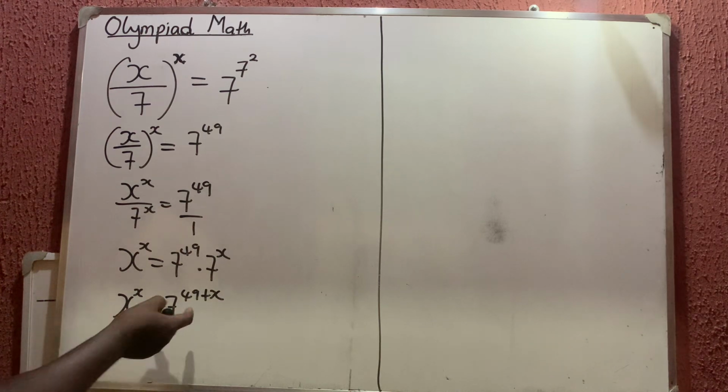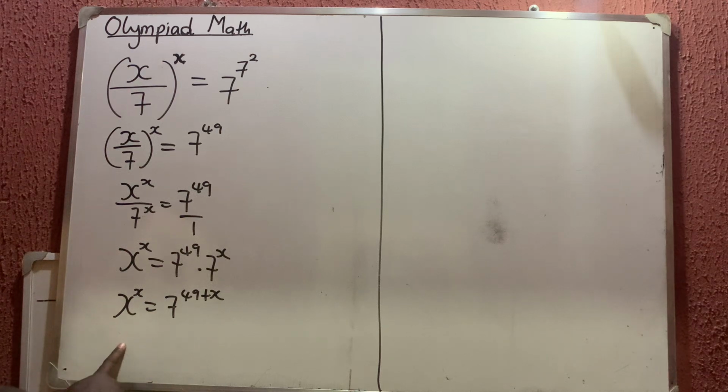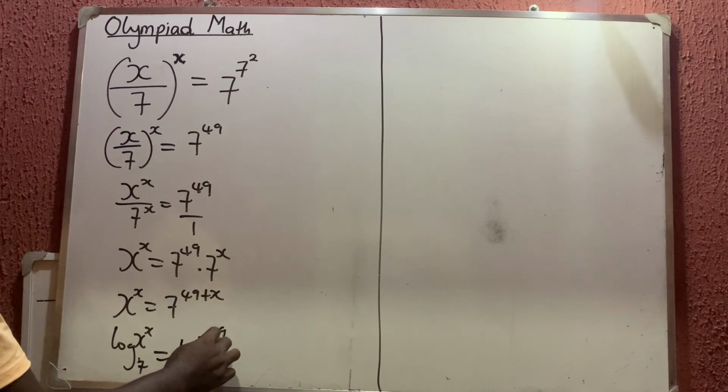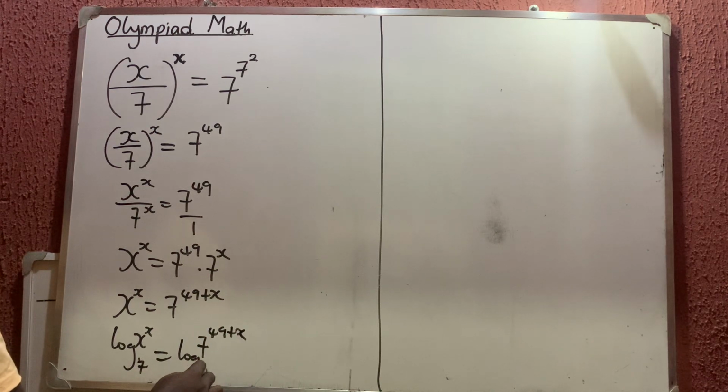Now we can take the log of both sides, but let's take the log in base 7 of both sides. So I have log x raised to power x base 7 is equal to log 7 raised to power 49 plus x in base 7.